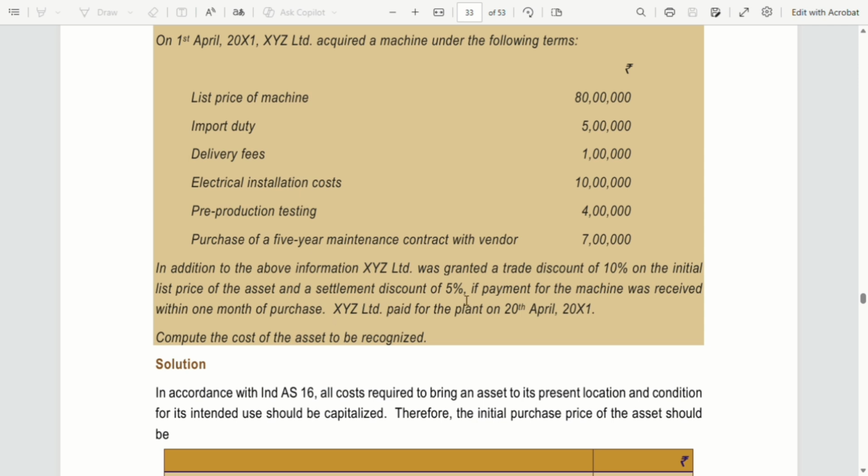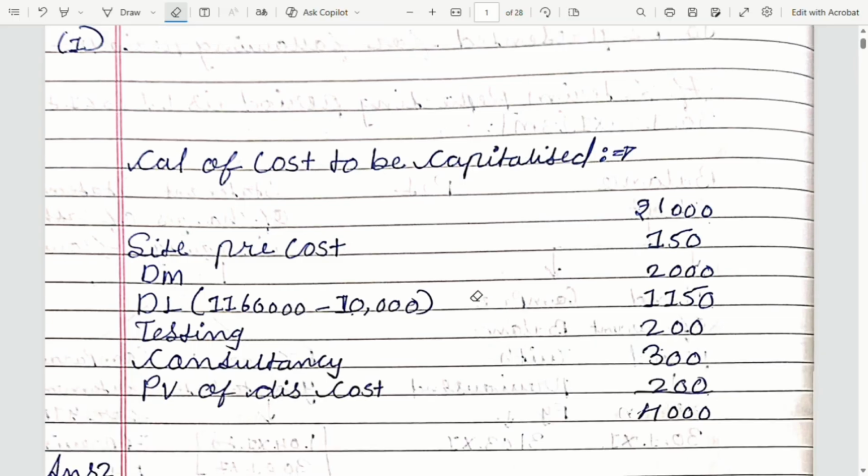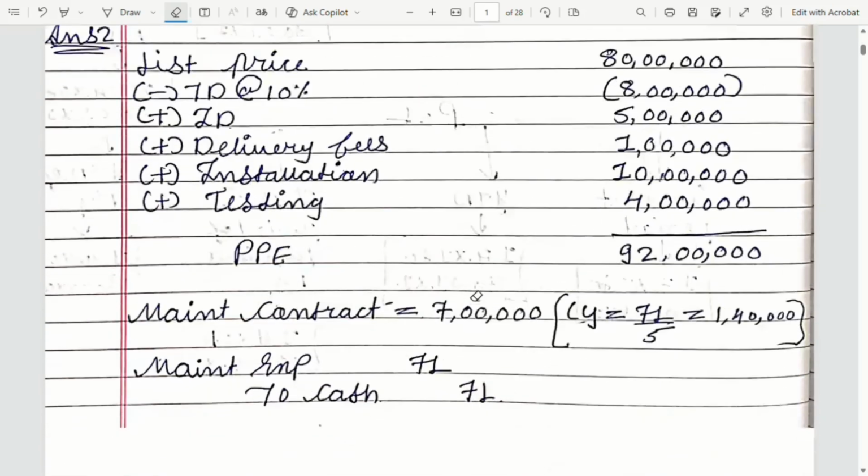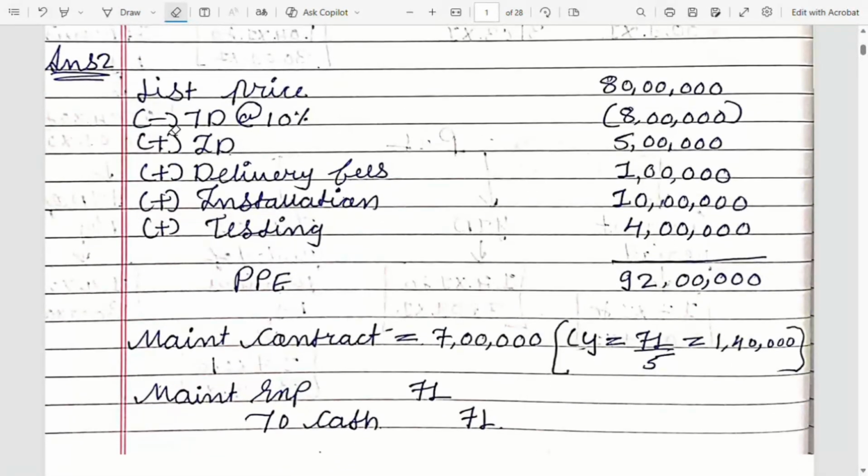Because we do not include cash discount, and we do not adjust cash discount in cost. We record it separately in P&L. So we are just going to ignore the discount, and the remaining solution we will see.